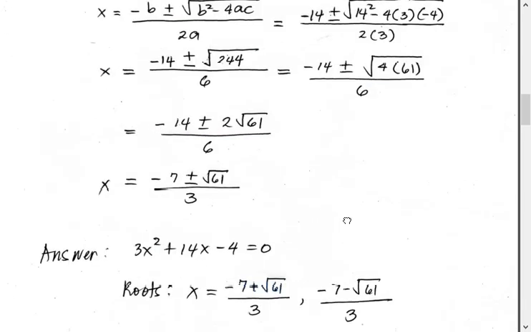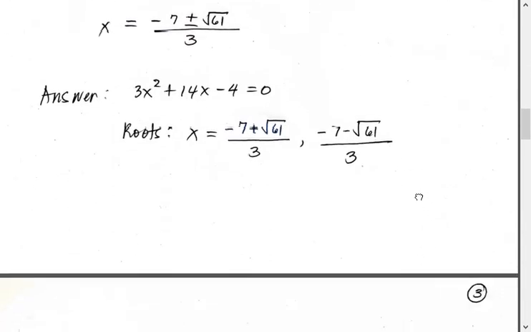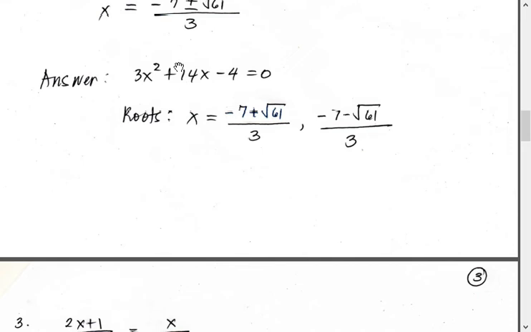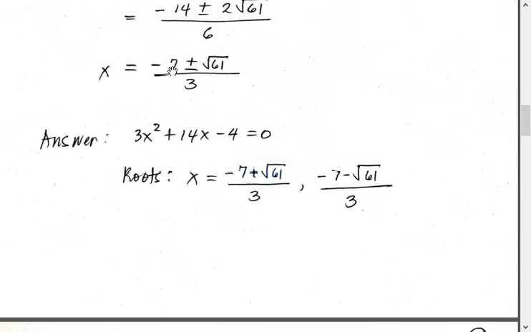So the required answer is 3x squared plus 14x minus 4 equals 0. And the roots are negative 7 plus square root of 61 over 3, and another root, negative 7 minus square root of 61 all over 3.